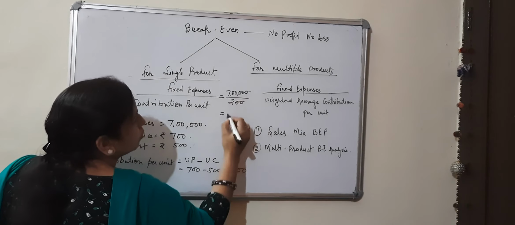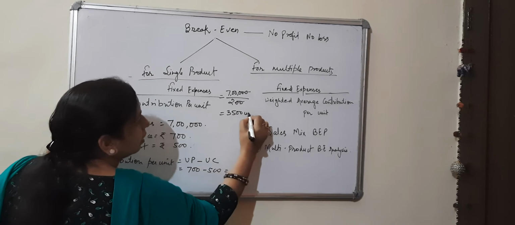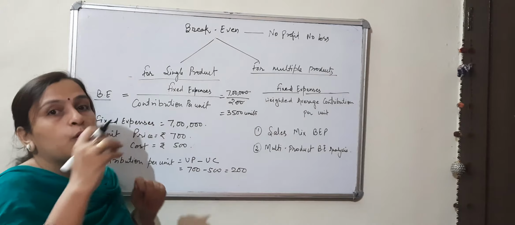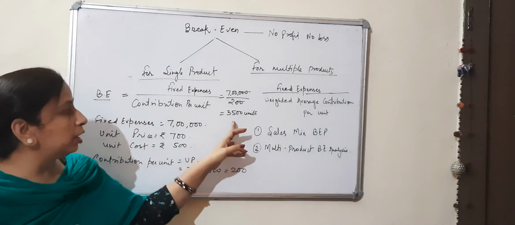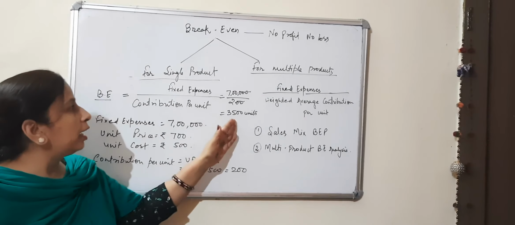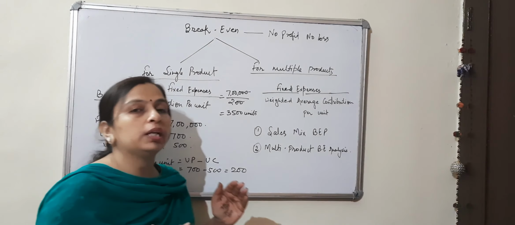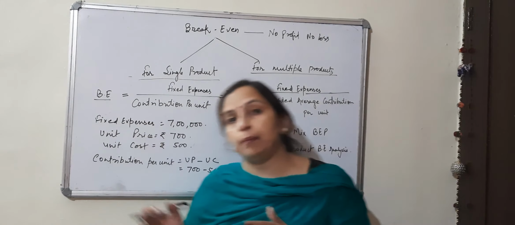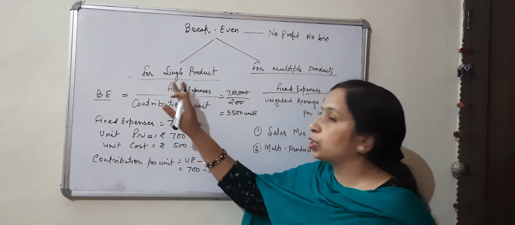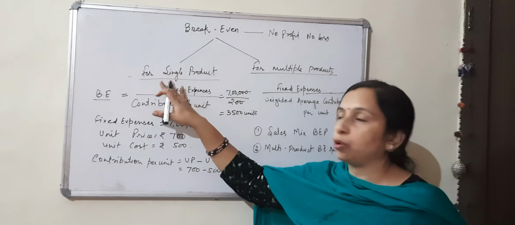So this will come to 3500 units. That means when the company sells 3500 units of this particular product, only then will they be at break-even. Only then will the company be able to cover its fixed expenses. So this is what BEP is for a single product.